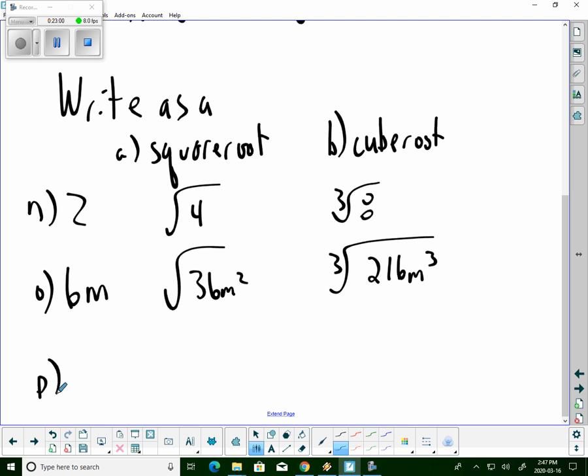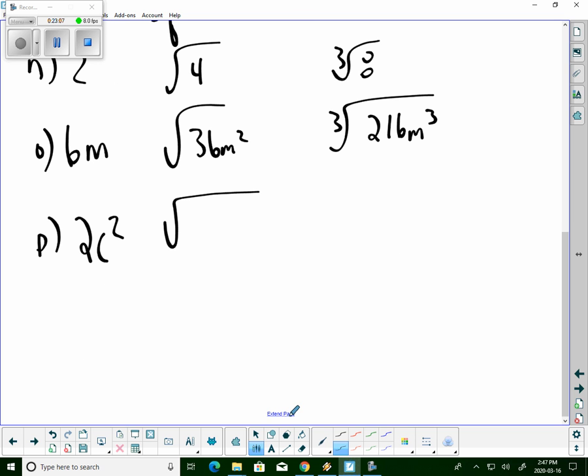Last two. Same thing for 2c squared. The square root of what gives us 2c squared? The cube root of what gives us 2c squared? Yep.